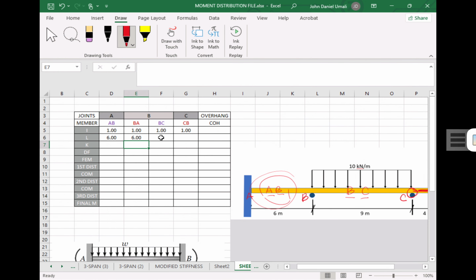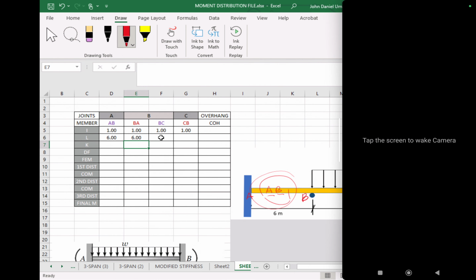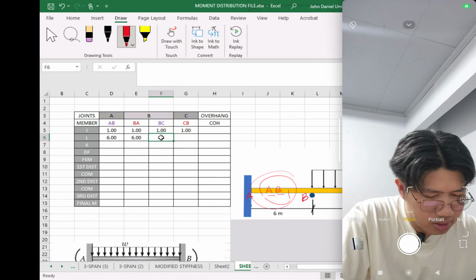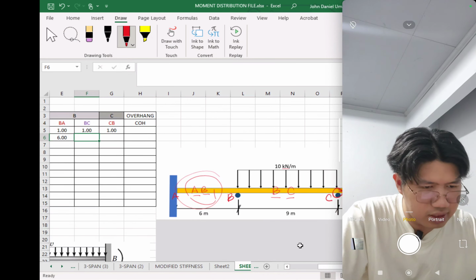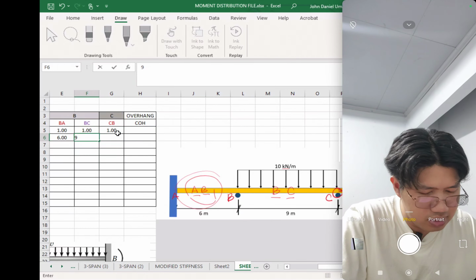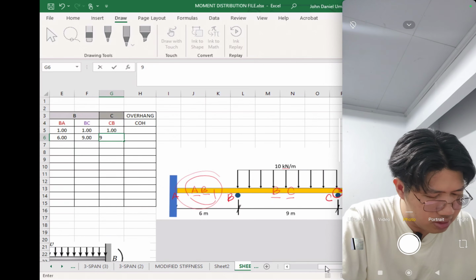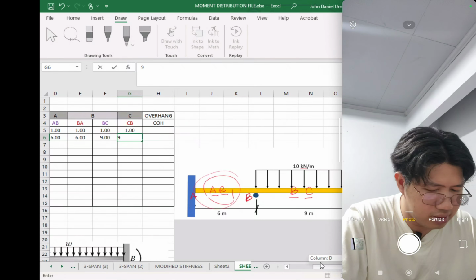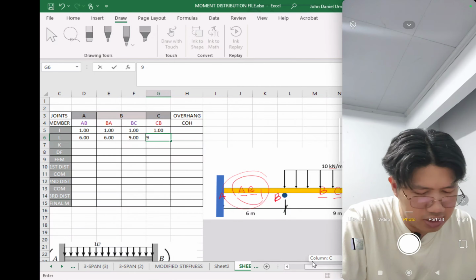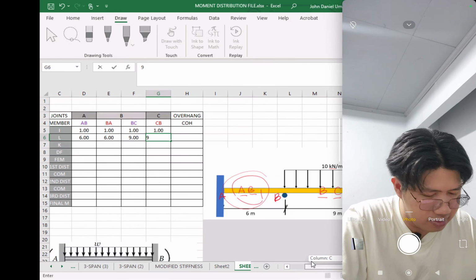And then BC, the length is 9 meters. CB is 9 meters. And then sa overhang, we don't need to give it a length. Pagdating sa overhang, don't give it a length na lang.